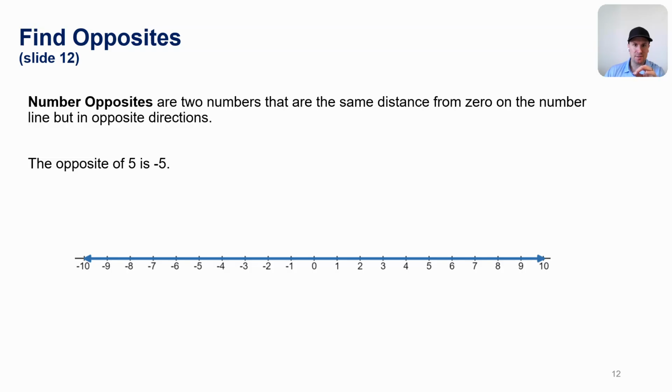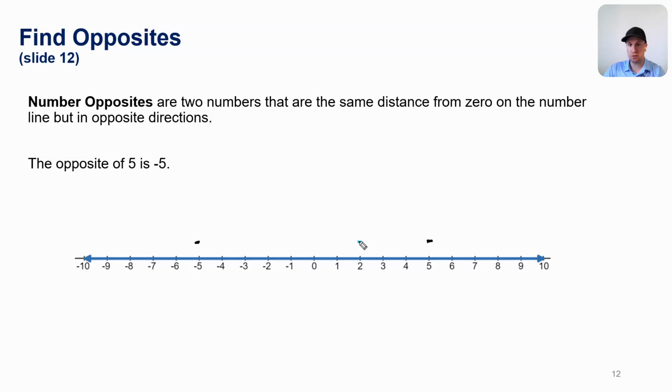The next concept here is to find opposites. To define, number opposites are two numbers that are the same distance from 0 on the number line, but in opposite directions. In other words, they're reflections of each other. So for example, positive 5 and negative 5 are number opposites.